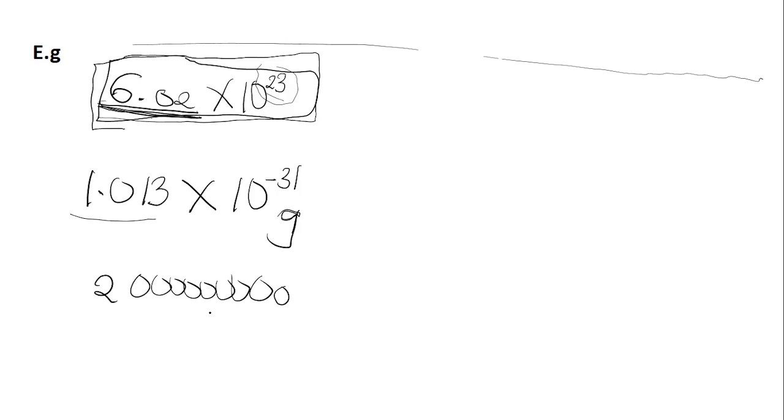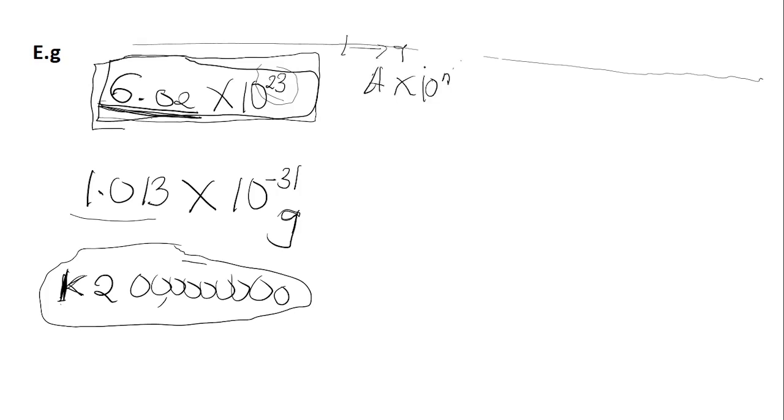Then in chemistry, they'll tell you to express this number in scientific form. So what you're going to do now is follow the rules. The rules say A times 10 power n. A has to be between 1 and 9. n can be any positive or negative whole number.